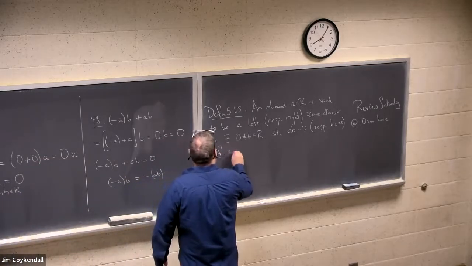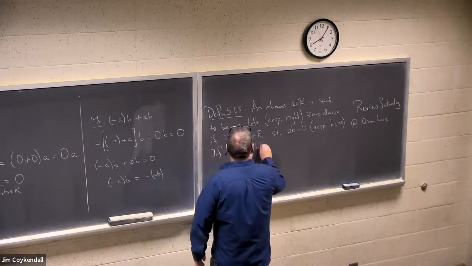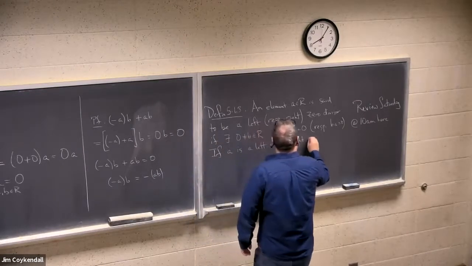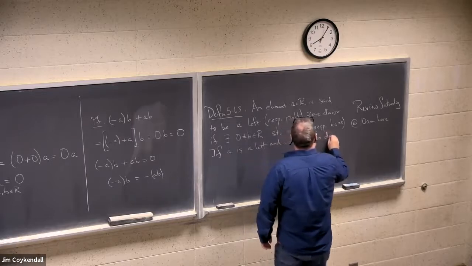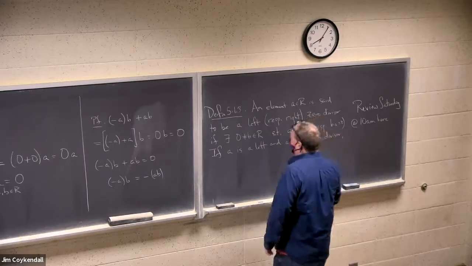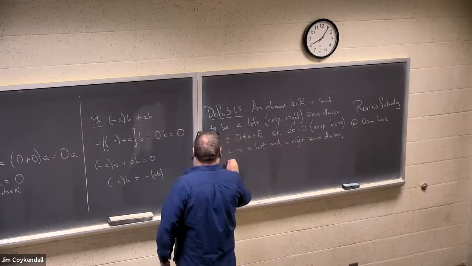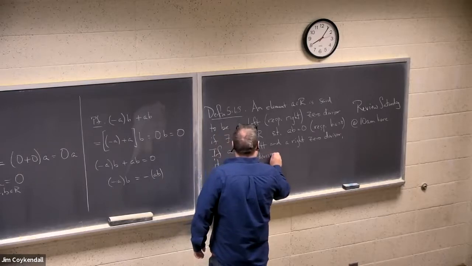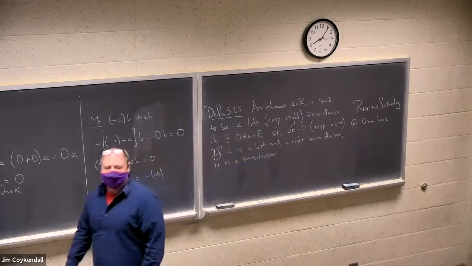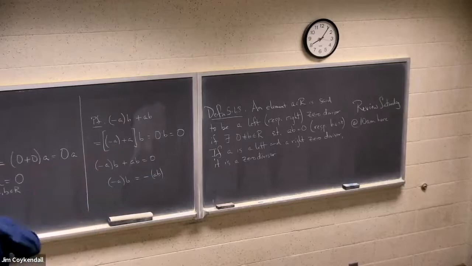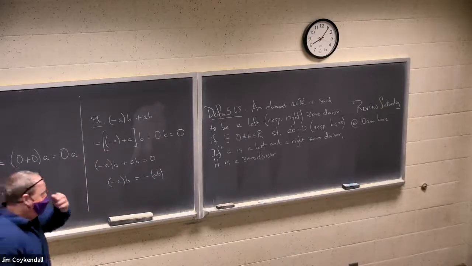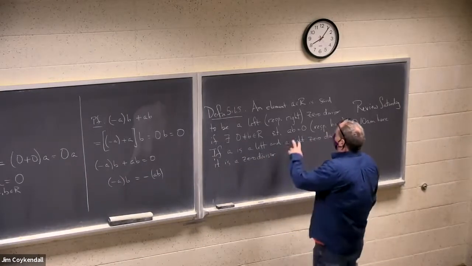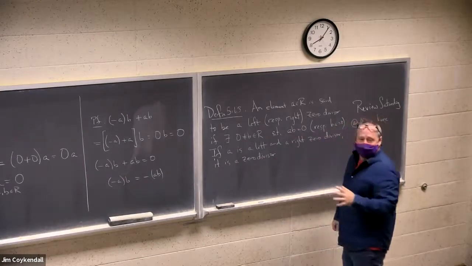If A is a left and a right zero divisor, it is a zero divisor. Okay, so when I say zero divisor, I mean it's a left and a right zero divisor. Let me give you a word of caution. This B and this B do not have to be the same.